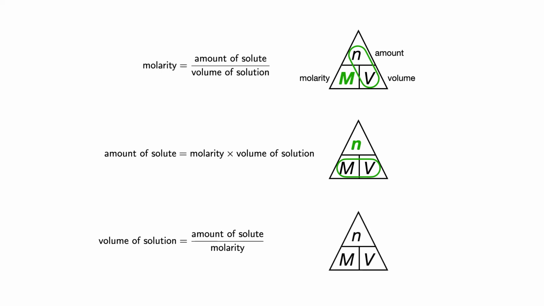So again, with our triangle mnemonic, if we want to find V, we would divide the amount N by the molarity M.